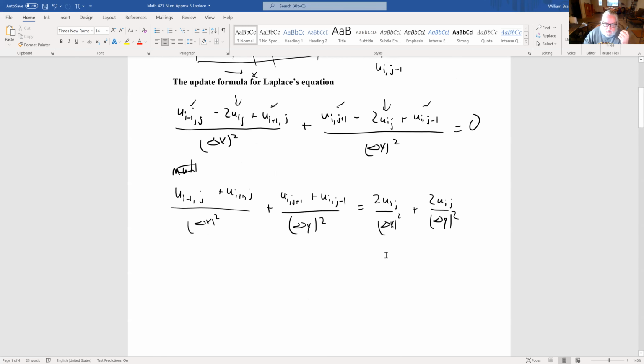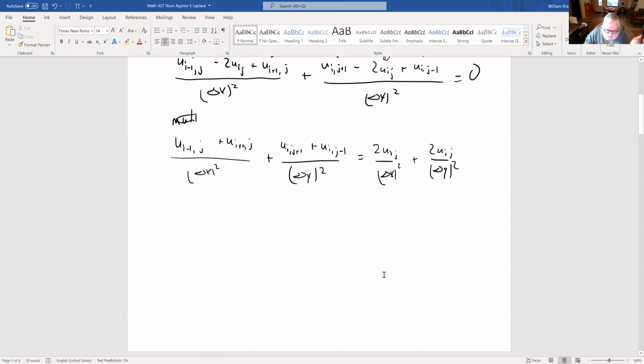Great. So having done that, we're going to multiply through both sides by delta x squared times delta y squared, and that will get rid of all my denominators.